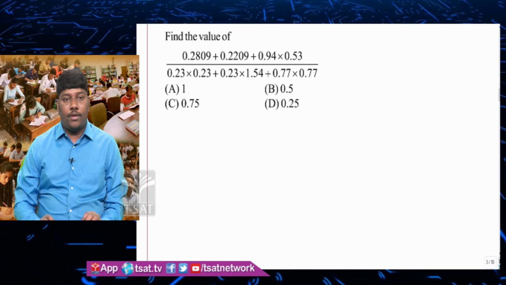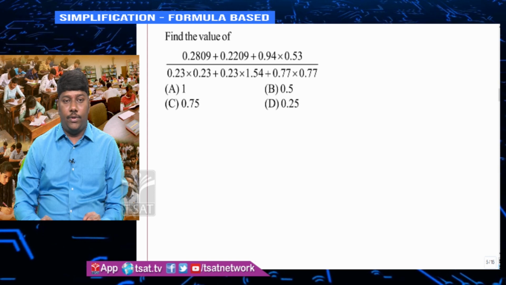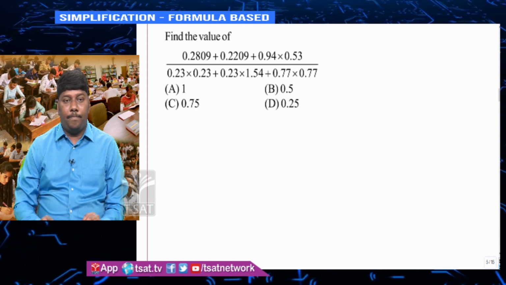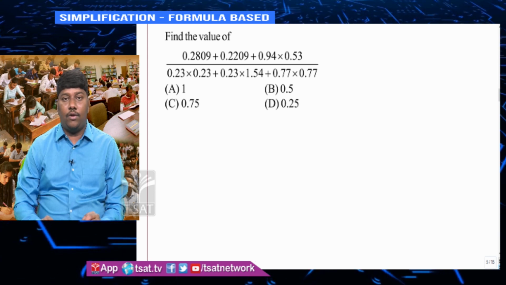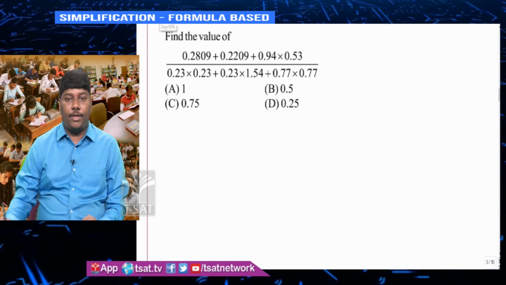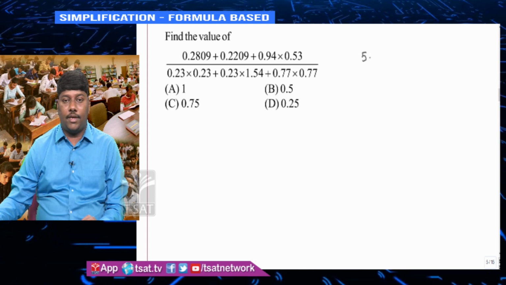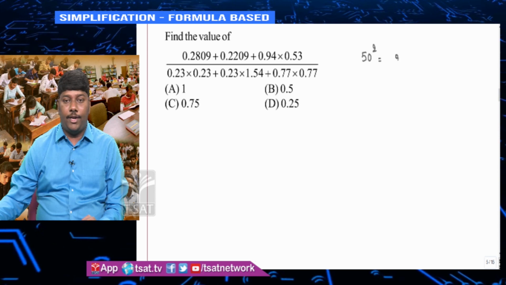Now look at here. Find the value of 0.2809 plus 0.2209. So here it's very important for you to know the squares which are related or close to 50. I'm just giving you an idea of how to find out the squares which are close to 50. 50 square is 2,500.